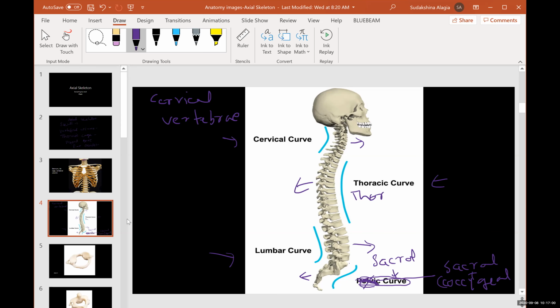Similarly, thoracic vertebrae, lumbar vertebrae, and of course, sacral vertebrae, and this little thing is coccygeal vertebrae.